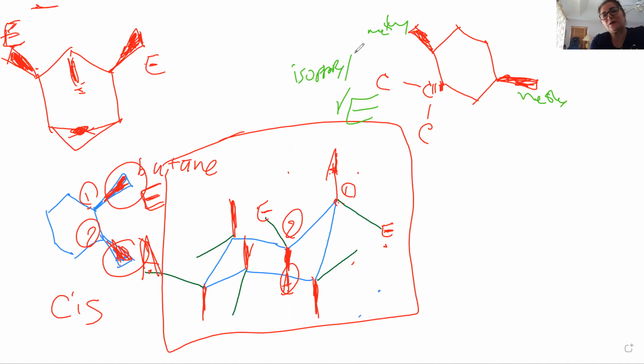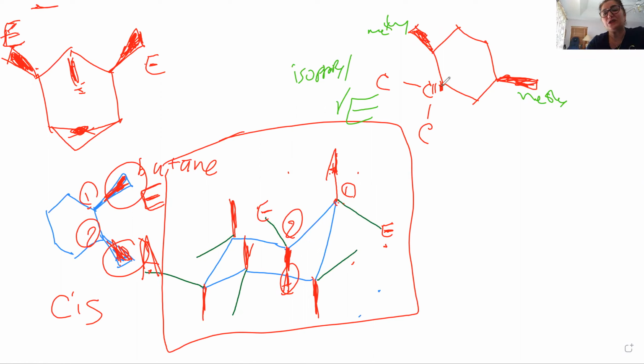Now, if this is equatorial down, the next carbon is up. So if the position is up, is it equatorial or axial? Let me ask my question one more time.